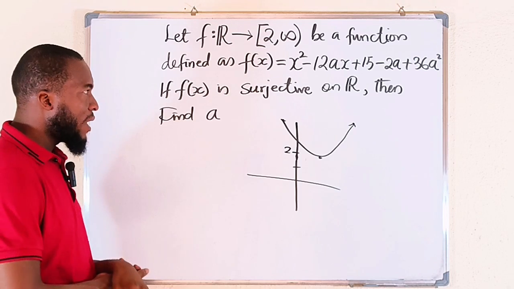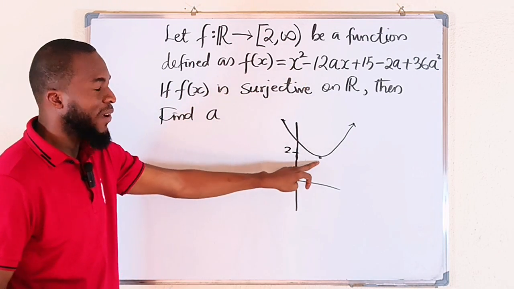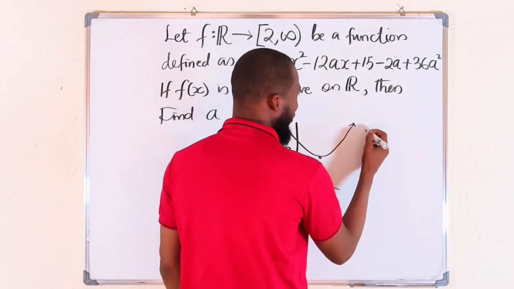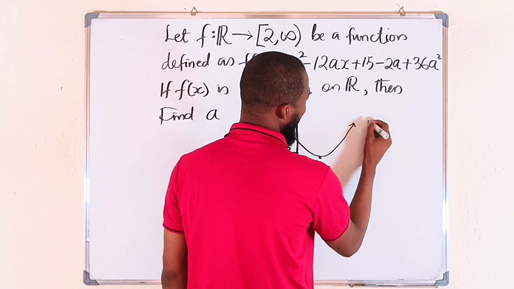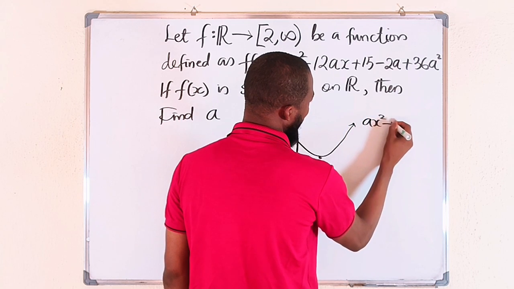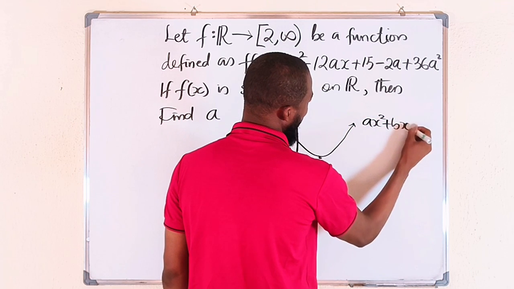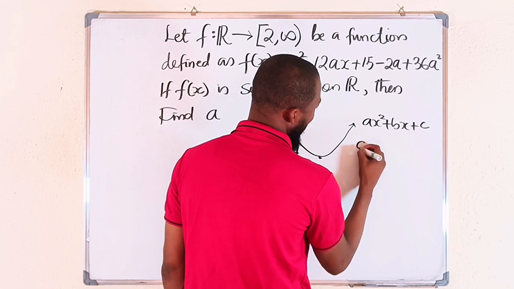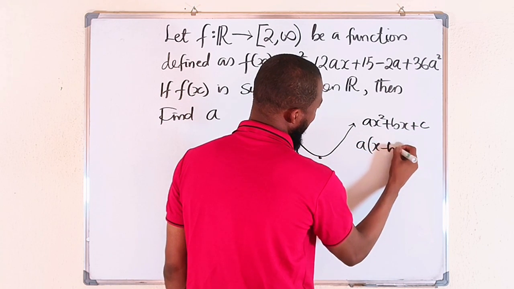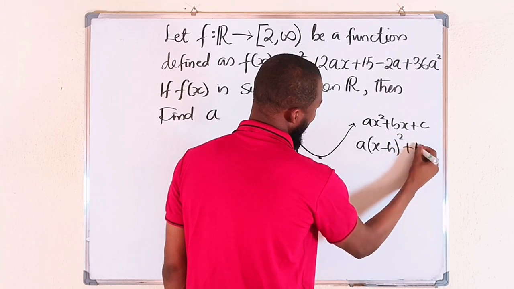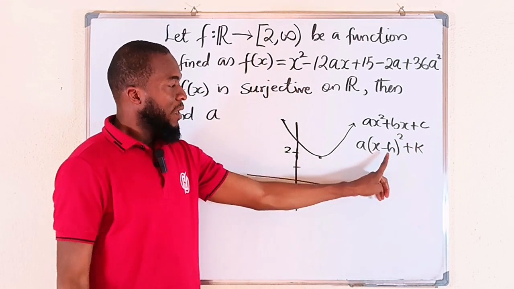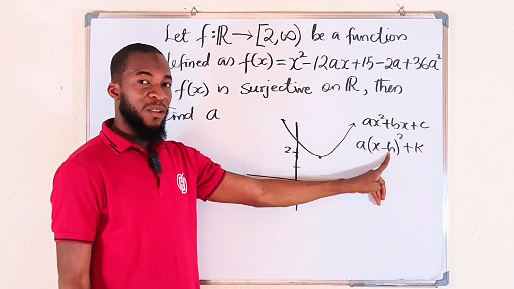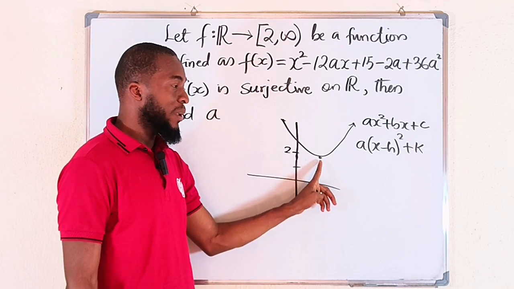But how can we transform this into the vertex form? Remember, if you have a quadratic function as ax squared plus bx plus c, then the vertex form of this will be a(x minus h) squared plus k. This h here is the value of x at that point.